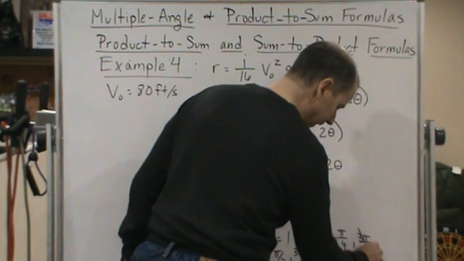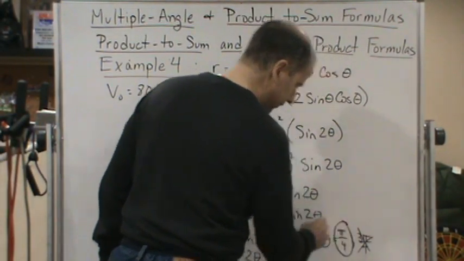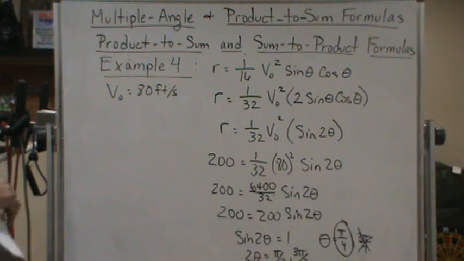So this wouldn't be a good answer. 45 degrees is the right answer, pi over 4. He's going to have to kick it at a 45-degree angle so that the football goes 200 feet.